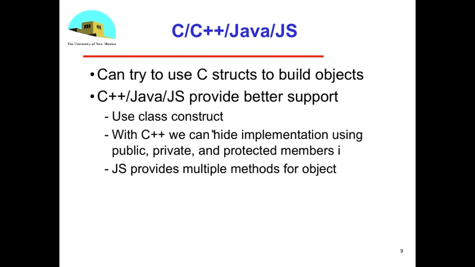The principal point here is that you want to be able to hide the implementation of how the data are actually represented from the user. And this is really the whole notion behind abstract data types. So it's a much more general view. Now, JavaScript really has multiple ways of doing object orientation.